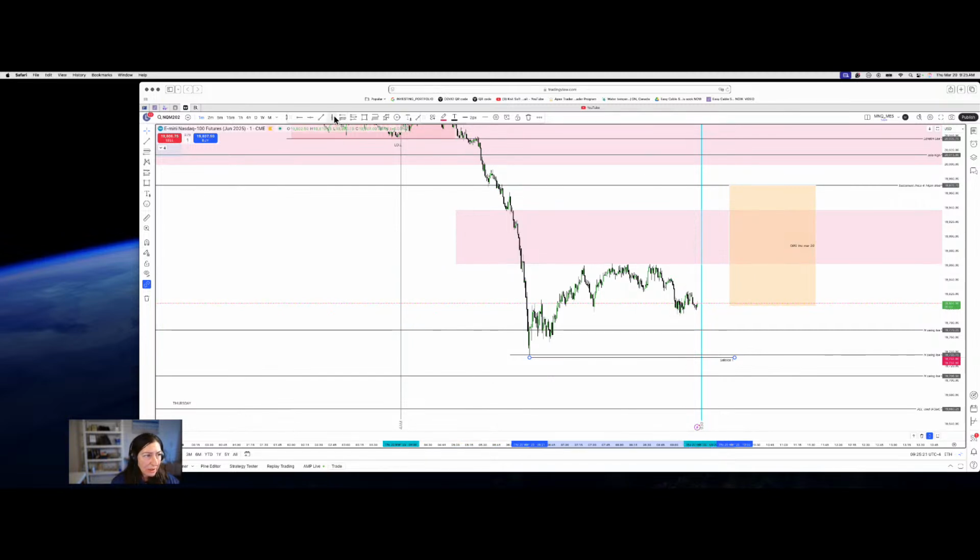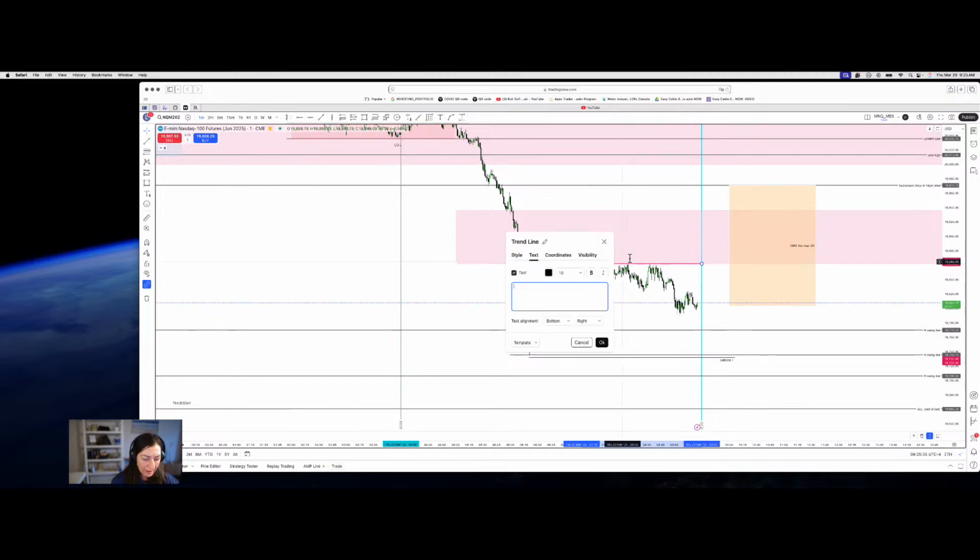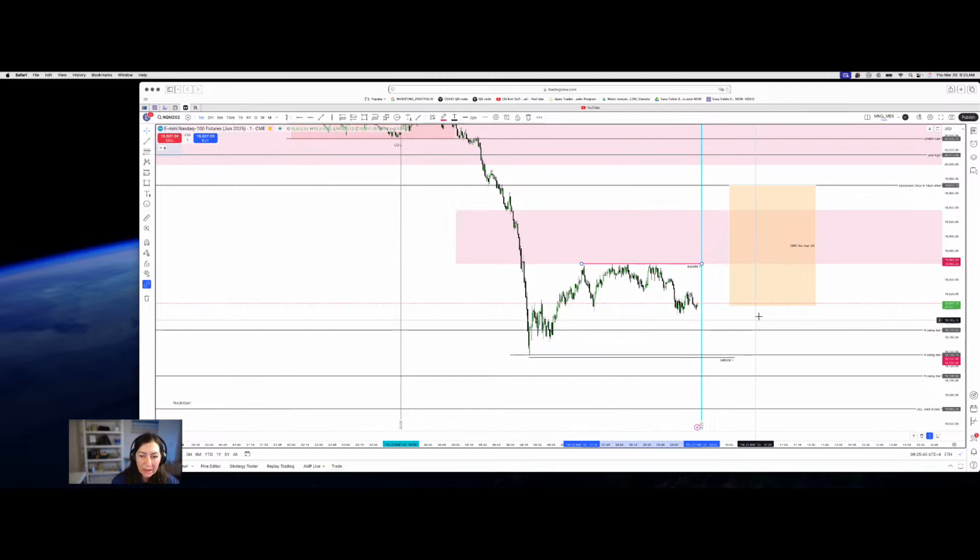This is an area of interest here. Just call this buy side up here. We had multiple touches here. That actually kind of coincides with just below the 50% of this opening range gap here. So I'm going to add this, and I'm going to put a 1 because it's on the 1 minute.